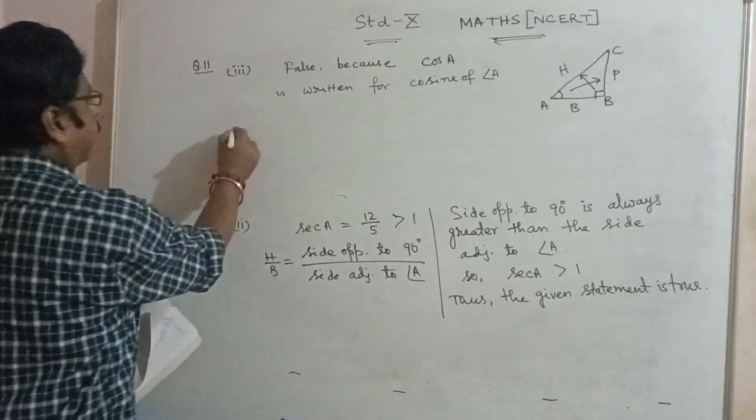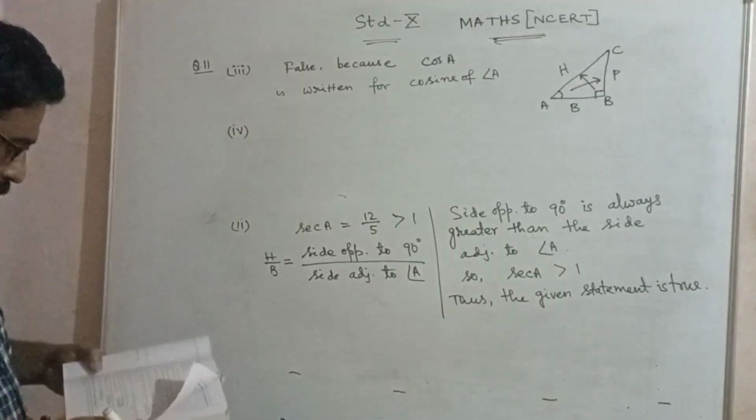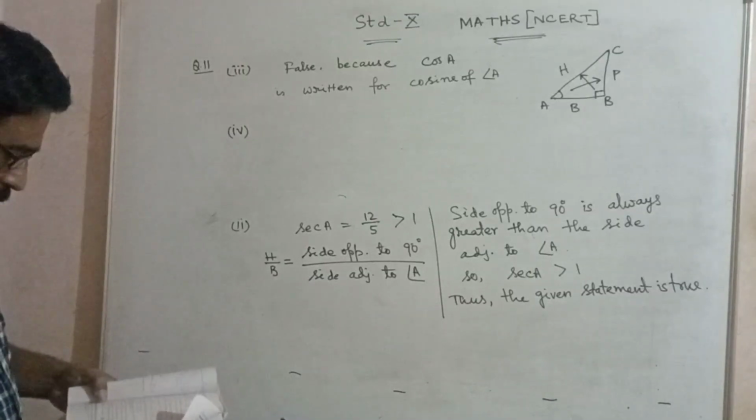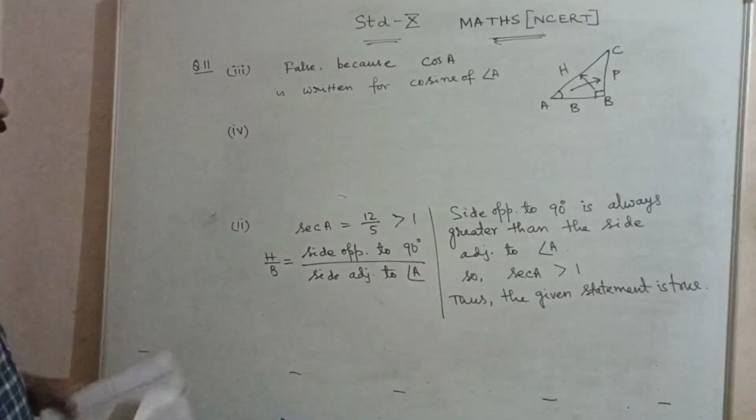Fourth part. Cot A is the product of cot and A, but it is not correct. False.